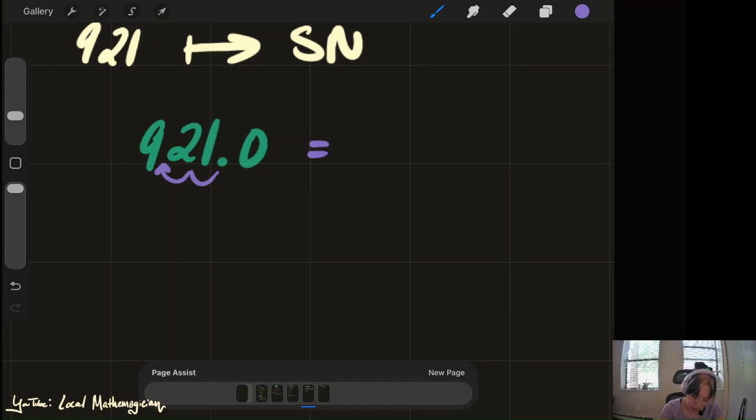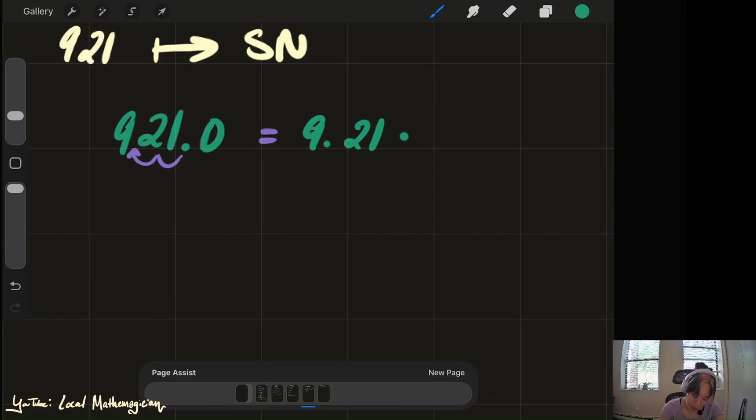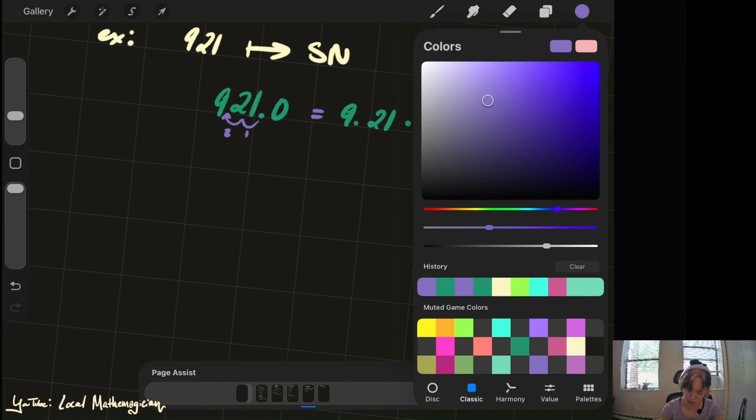So that leaves you with 9.21 times... how many times did you divide by 10? Twice. So 9.21 times 10 squared. Okay? That's it.